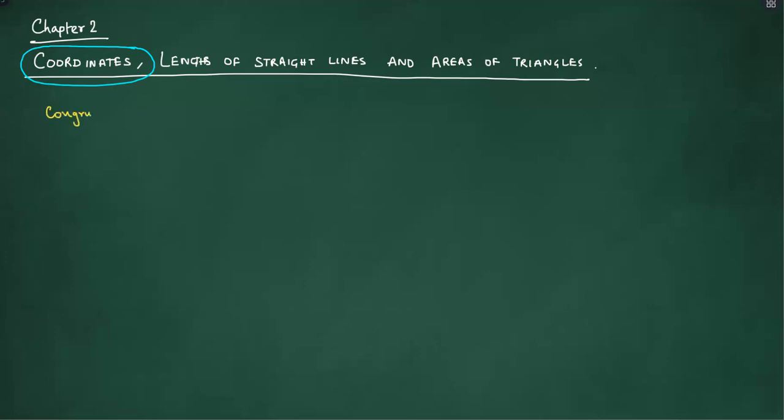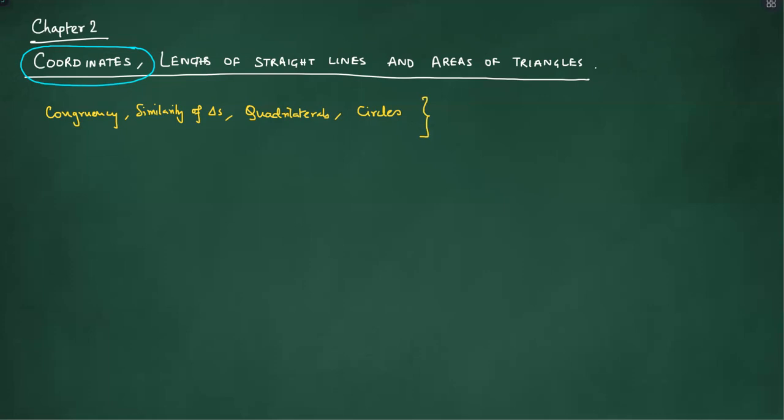You must have learned about congruency of triangles, similarity of triangles, quadrilaterals, and also circles, various geometric theorems related to circles and tangents, parallelograms, and so on. You must have learned all these things.